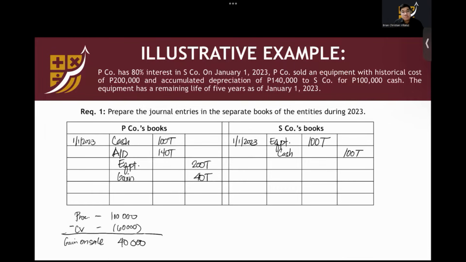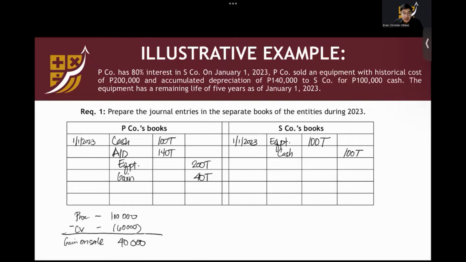So, what is happening? Let's look at it from the perspective of the separate financial statements. There is no problem with the transaction from the perspective of the separate FS. The transactions are valid. The problem only arises in the consolidated financial statements because this is an intercompany sale. Correct? We mentioned in the first lecture video on intercompany sales that intercompany sales must be eliminated when preparing consolidated financial statements.